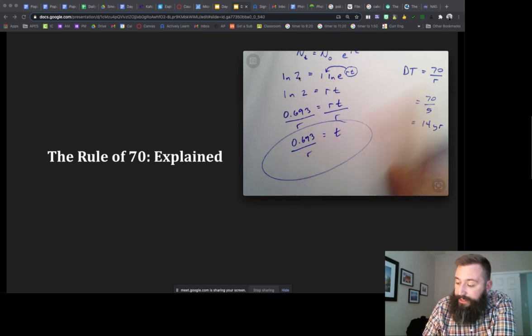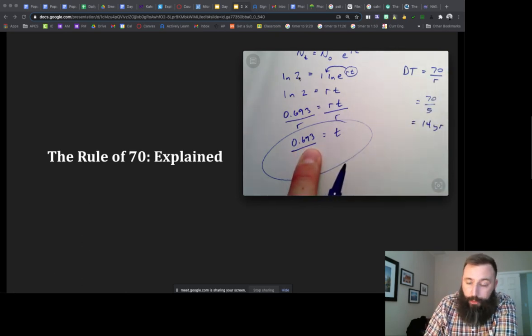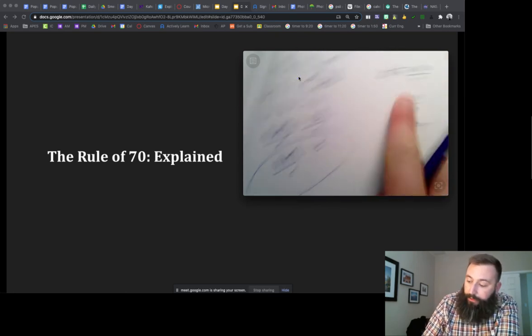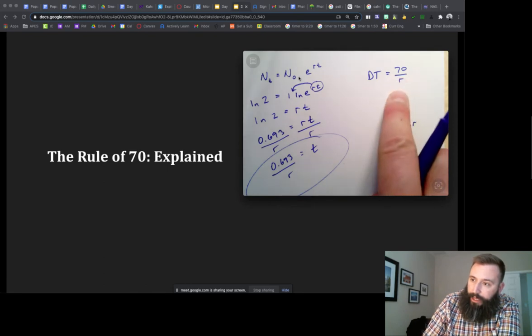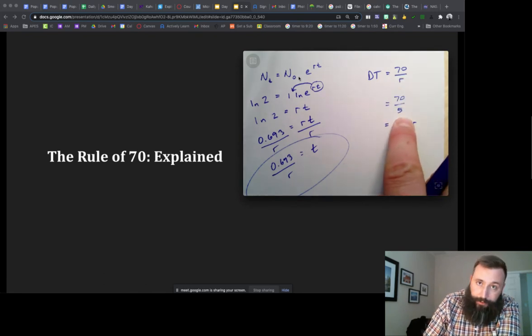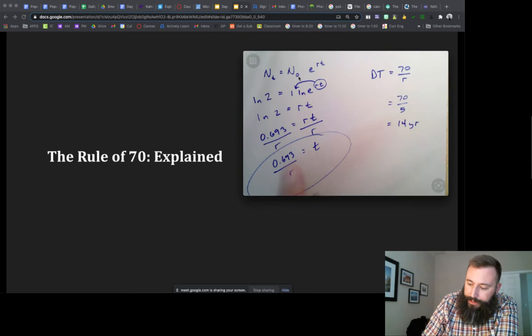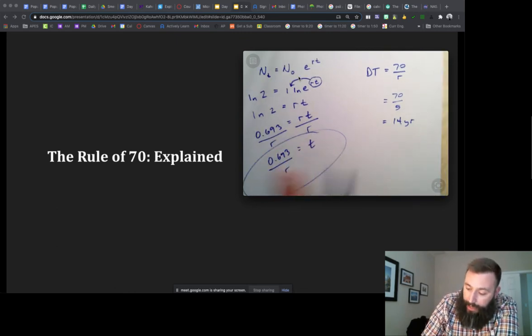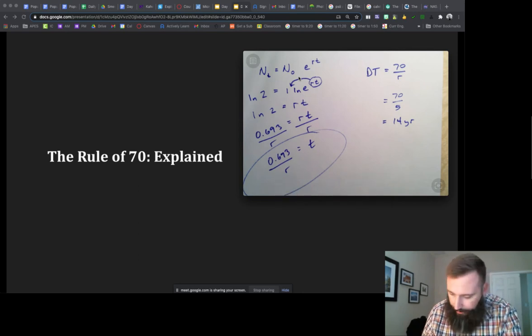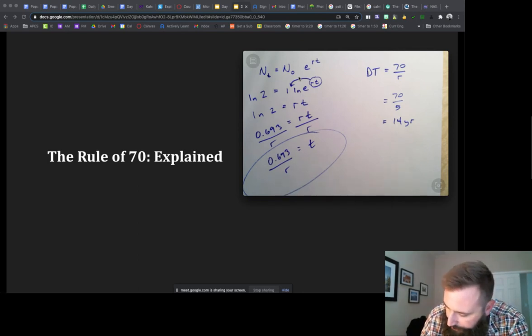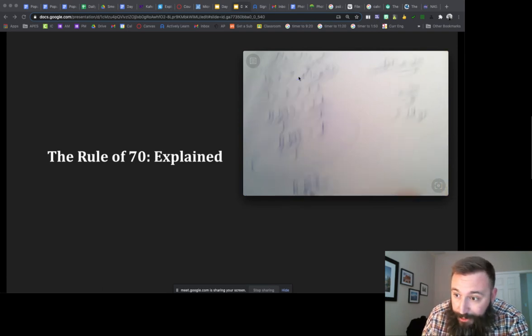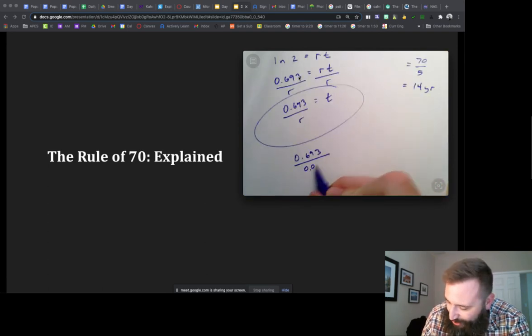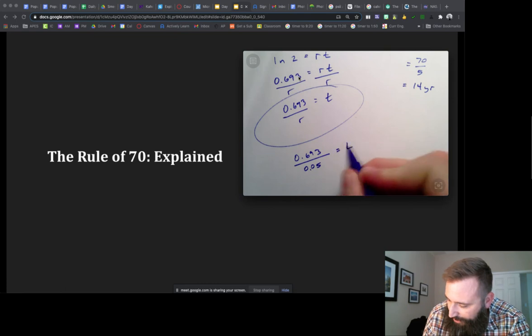The reason it's 70 and not 69.3 is because we've already taken into account the movement of the decimal point for these rate numbers. So let's do the same problem with 5%, but I'll use the 0.693: 0.693 over, well, I've got to convert this one to 0.05, is equal to the doubling time.